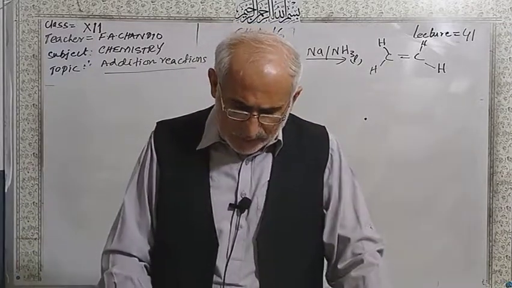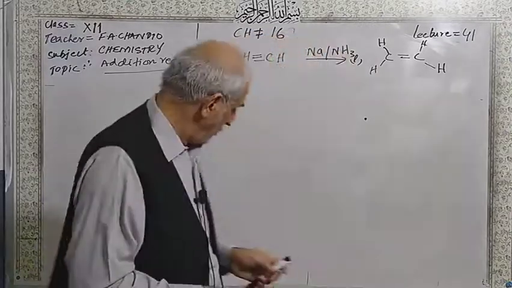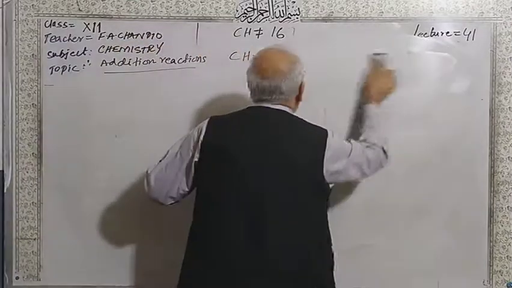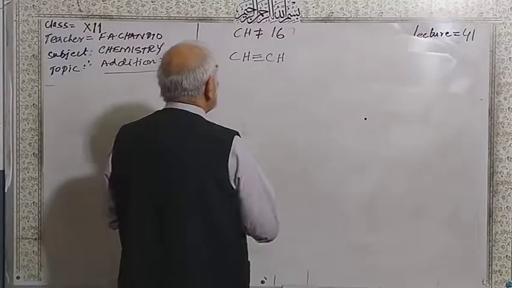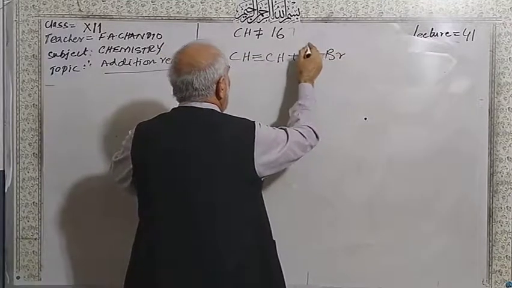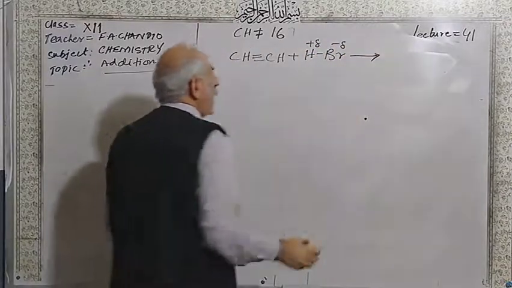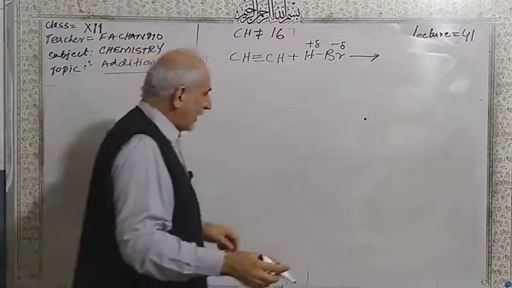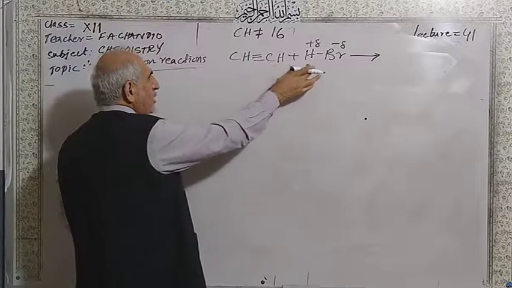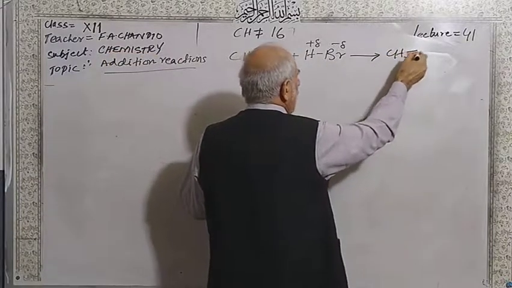Then, as you did in the previous section, the reaction of alkynes with hydrogen halides: hydrohalic acids, hydrobromic acid, hydroiodic acid, hydrochloric acid. So dear students, acetylene is symmetrical, both sides contain one hydrogen, while the reagent is unsymmetrical, so you have a choice to add.